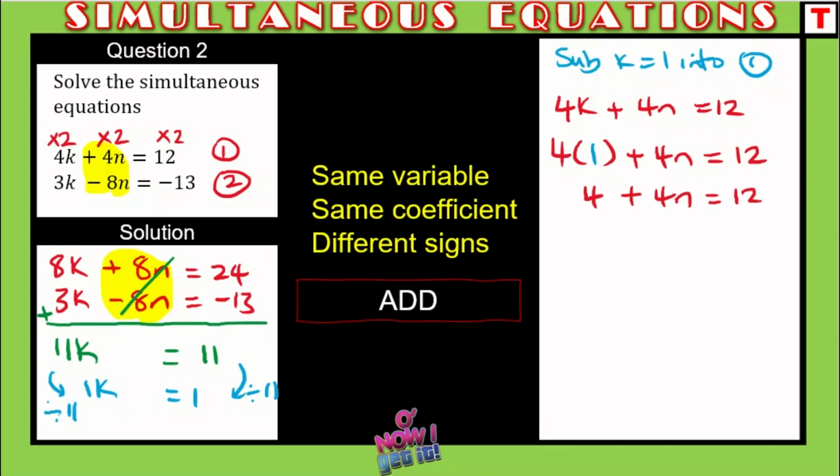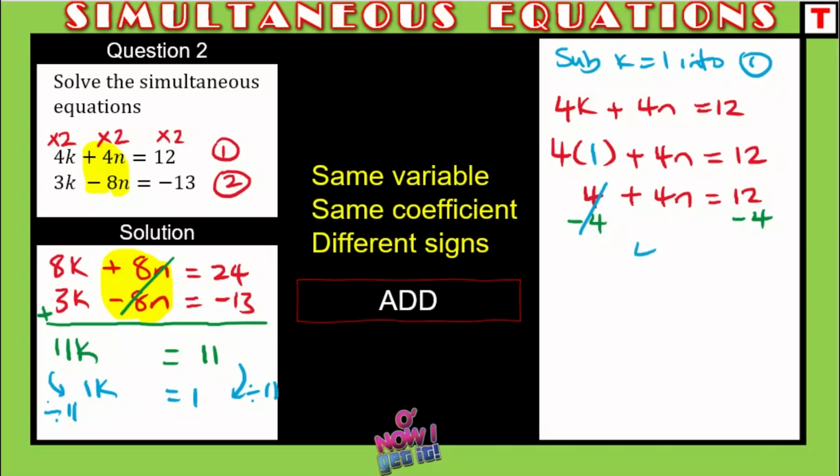At this point, you need to ask yourself which side is the variable on. The variable is on the left-hand side of the equal sign. Therefore, this 4 right here, we need to bring it to the right-hand side. So we're going to be subtracting 4 from both sides. And doing so, opposites are going to cancel.